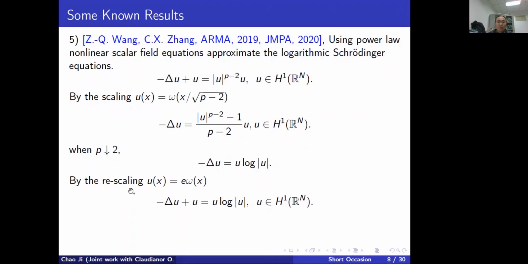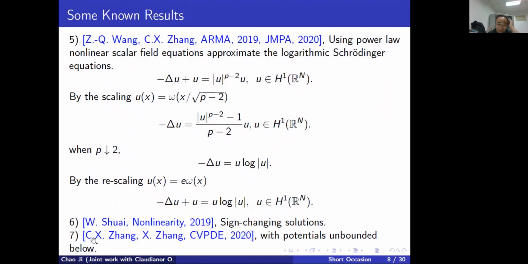By rescaling like this, they can get the ground state solution. This is a very good method. Using the idea of this paper, they consider the sign-changing solution, or nodal solution.